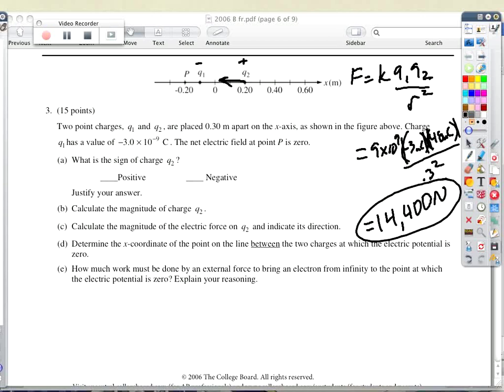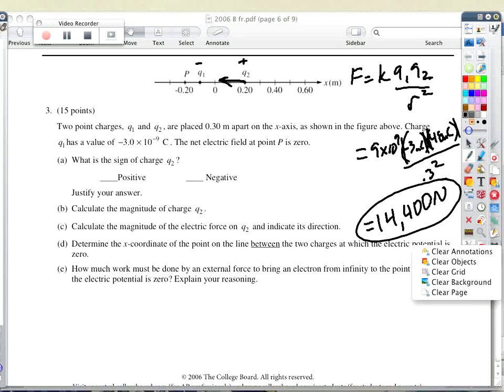No? Is that right? Okay, cool. So that's right, I think. So I think we're good there. Magnitude of the electric force.